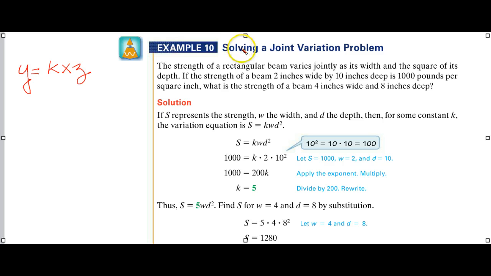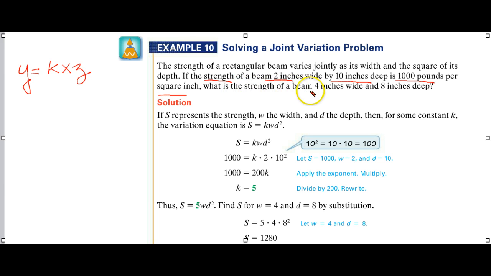So in solving joint variation problems, again, the basic form of y equals kx, this is direct. We just add another letter, c. So we still need to find the k. Here they're talking about the strength of a beam, 2 inches wide by 10 inches deep, is 1,000 pounds per square inch.